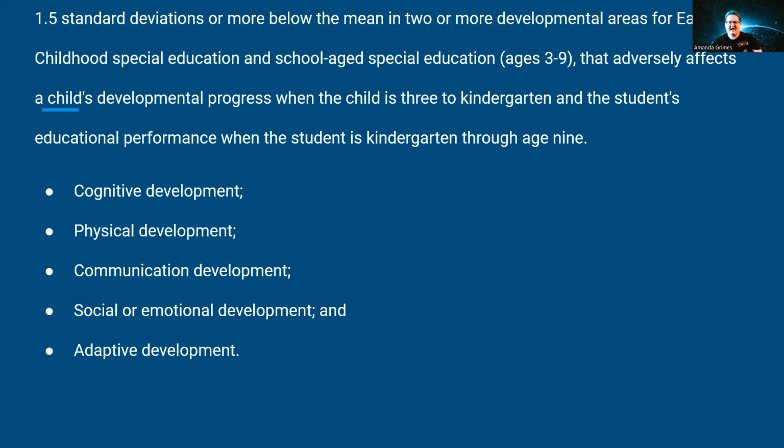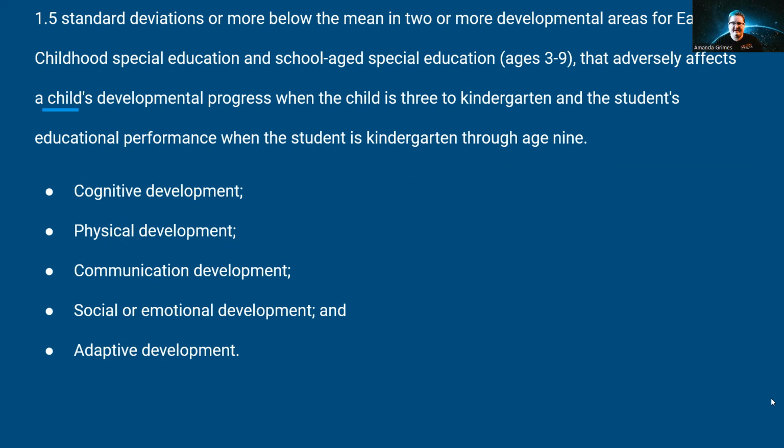And this is the acquisition of skills and abilities that a child typically learns in their average progression. So this includes cognitive development, physical development, communication development, social emotional development, and adaptive development.